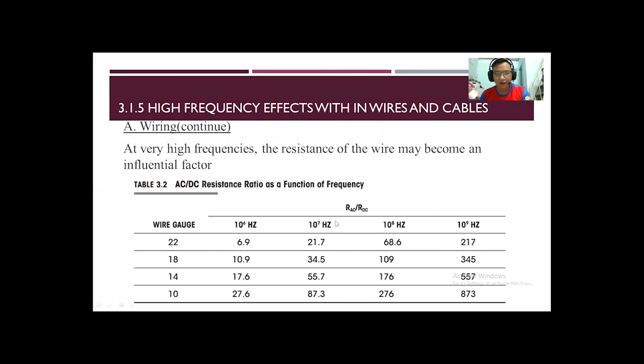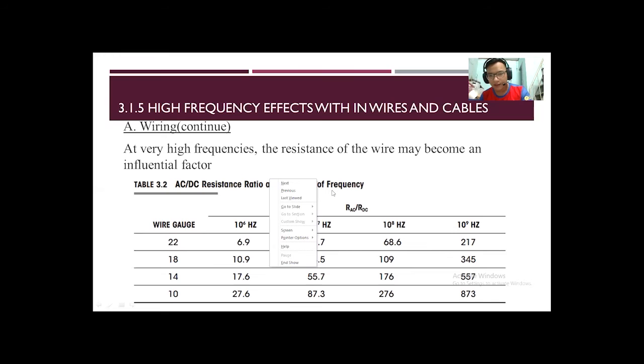Now, this effect is very important because at high frequency, the resistance of the wire becomes an influential factor.